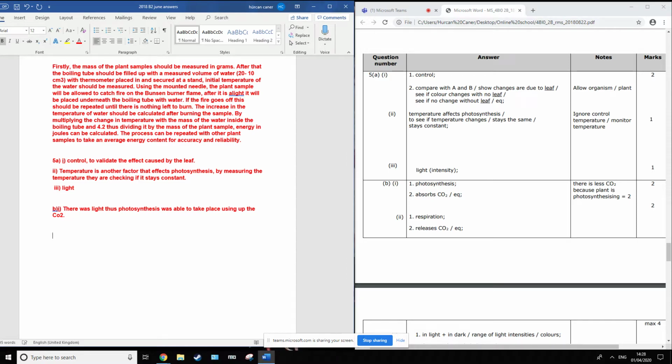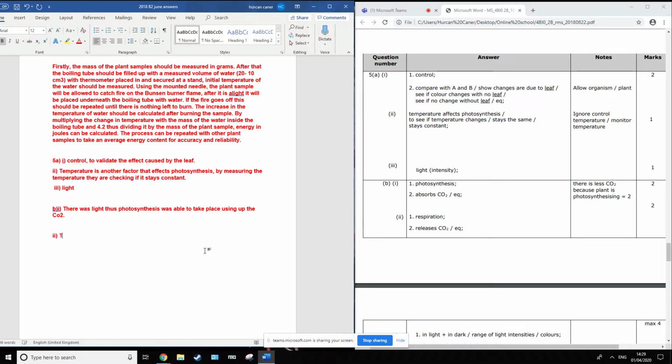Now, second part. Explain the change in color of the indicator in tube B. So it became yellow.